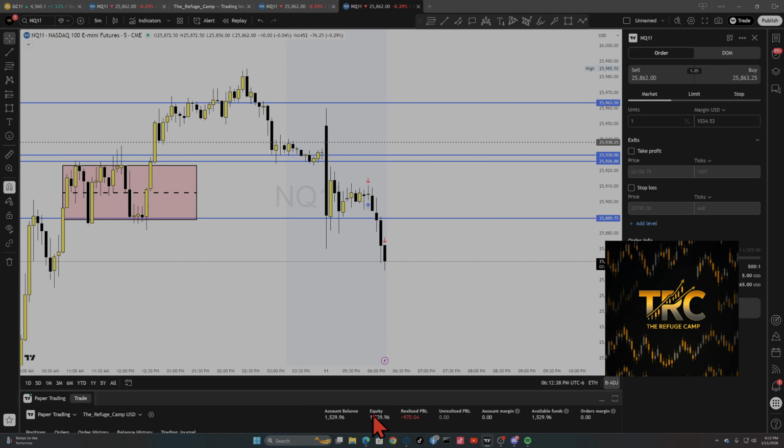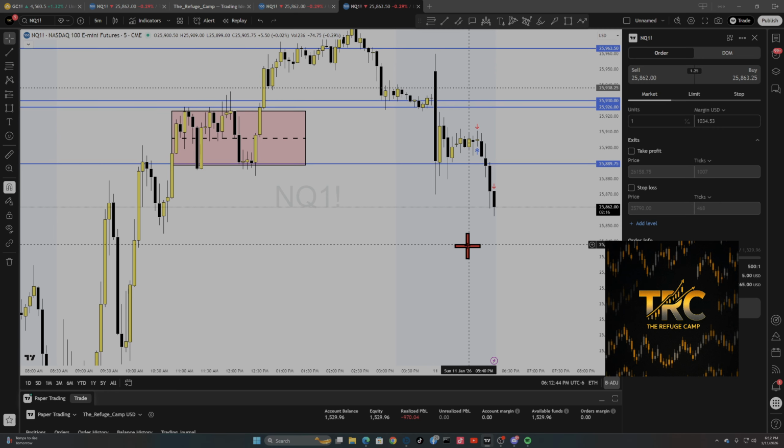So it could go below my account and then ultimately come back to where I knew it would. So this is why I say, when you take an entry, count to 5. If it is not running in your direction, exit. Get as close to break even or as small of a loss as you can. But reevaluate your entry and look for a better position if you still see confluence to validate that trade.